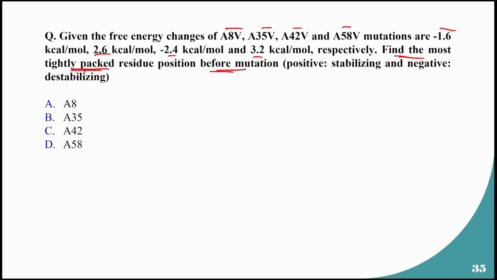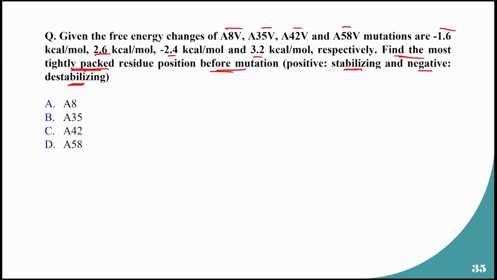Now here is a convention change. We always know that a positive energy will mean destabilizing generally, right? Final minus initial, that is positive, so that is higher in nature, so it had an energy gain, which means it will be destabilizing. But in this particular case, the notation is slightly different. So they are saying that the positive energy values are stabilizing in nature, and the negative energy values are destabilizing in nature.